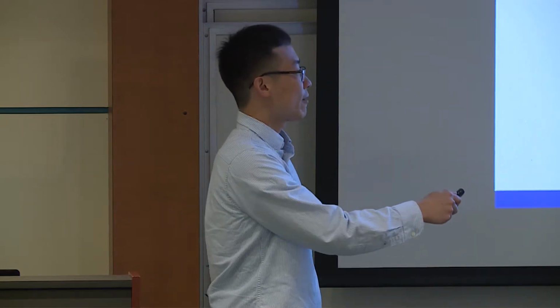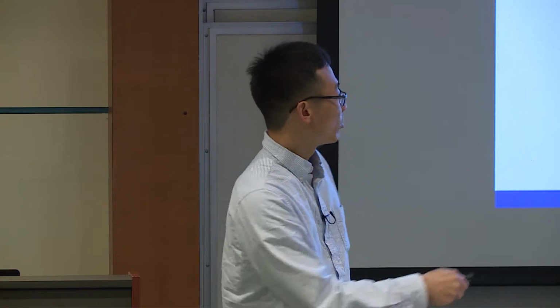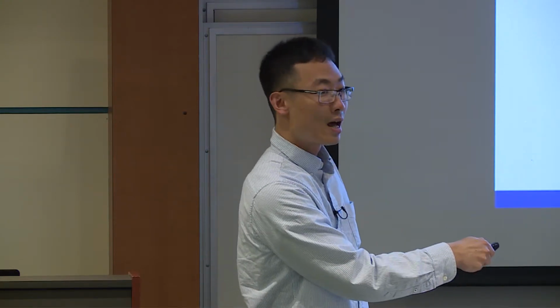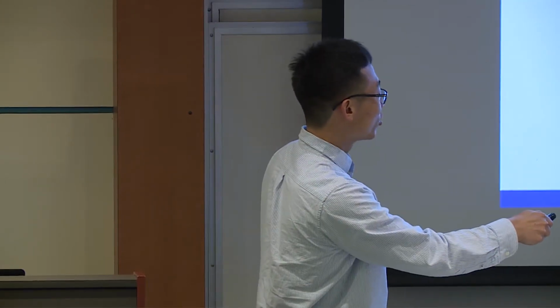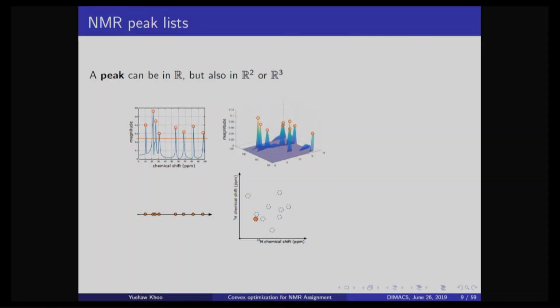So what it means is the following. You have some resonance frequencies, okay? Based on this type of higher dimensional spectra, you build an interaction network of these resonance peaks because you know two frequencies are interacting with each other. Once you build this interaction network, you take your protein and use chemistry to build an expected interaction network, and you perform a graph matching.